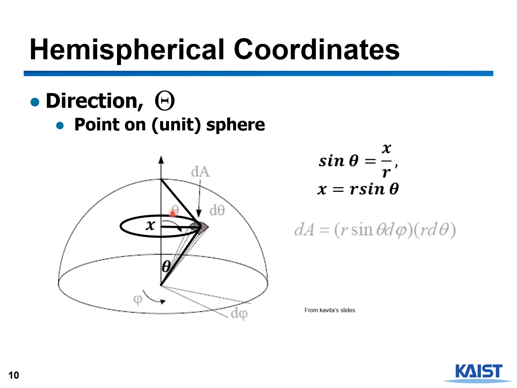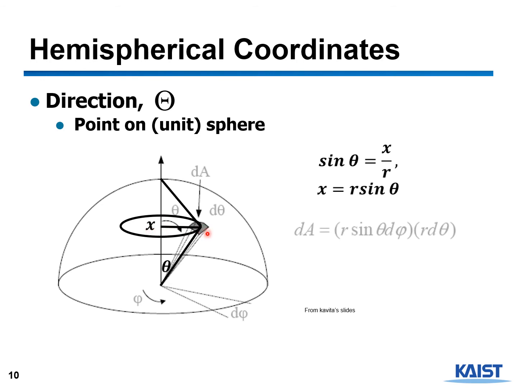We can think about some sort of small circle that has a radius starting from that point to there. Then how can you measure this length? Here we assume that this is theta, and the length from here to there we denote as x.